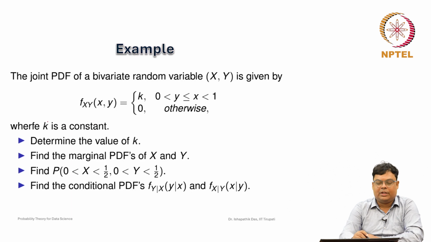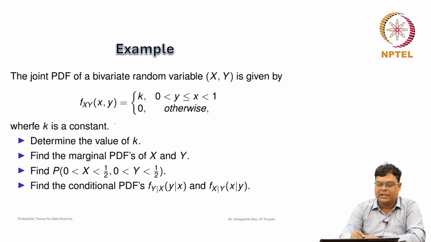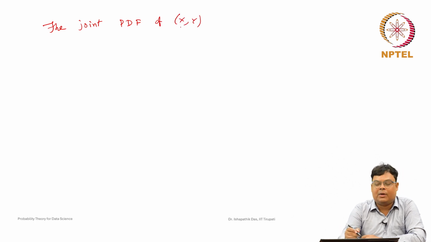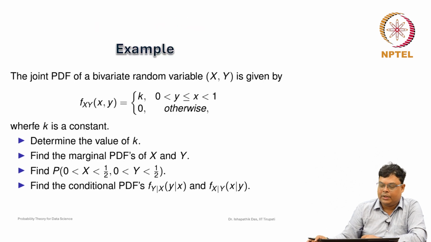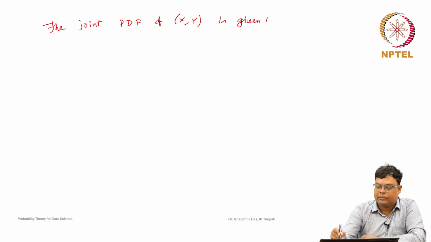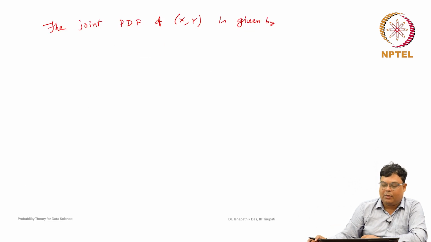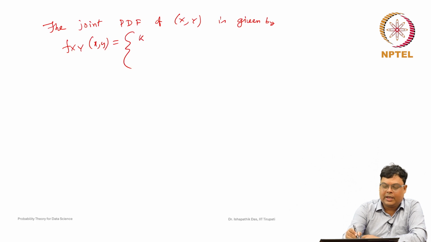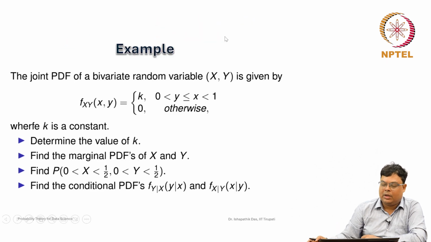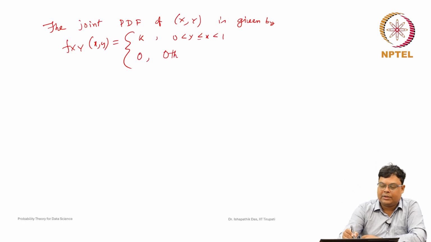The joint probability density function of a continuous bivariate random variable XY is given by f(x,y) equal to some constant k whenever 0 less than y less than or equal to x less than 1, and this is equal to 0 otherwise.